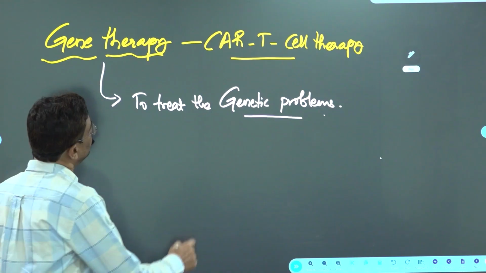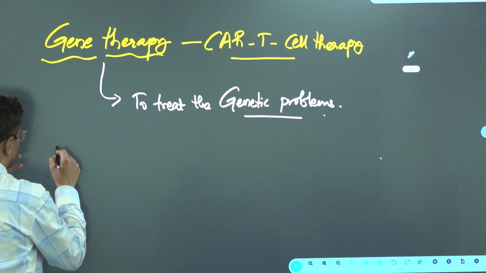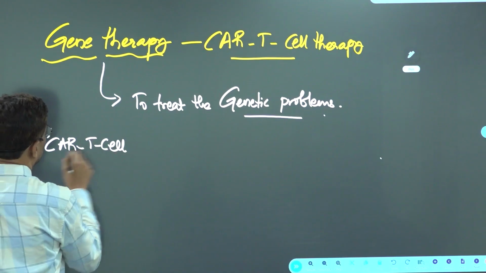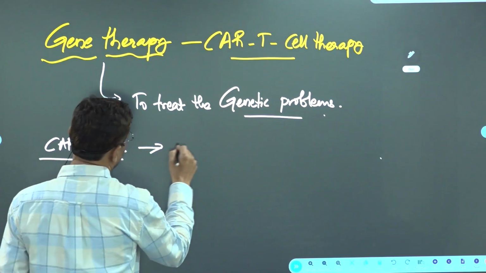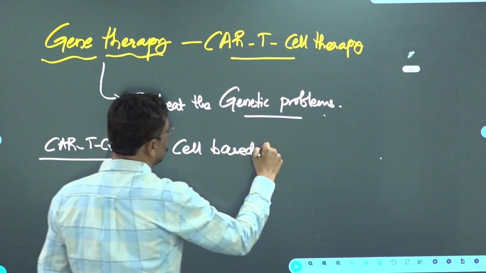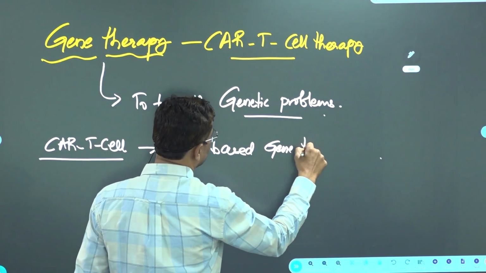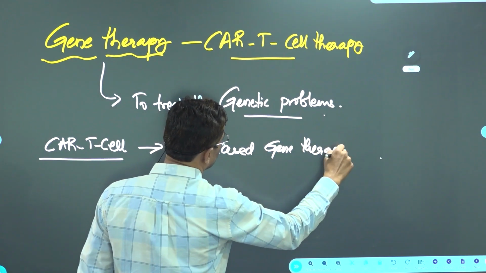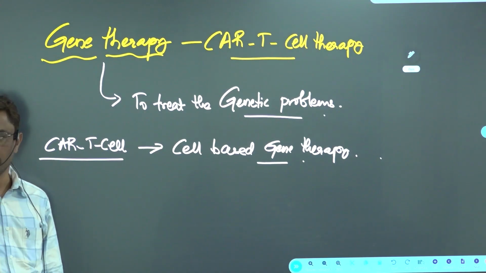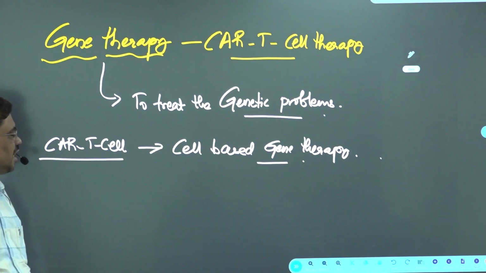Say, for example, the CAR T cell therapy. It is a cell-based gene therapy. Recently, the scientists have developed a gene therapy called CAR T cell therapy.